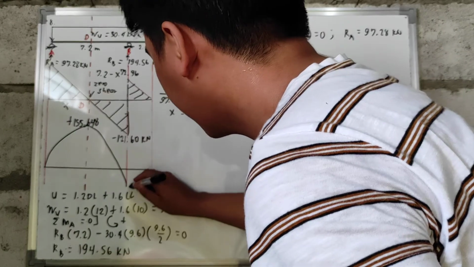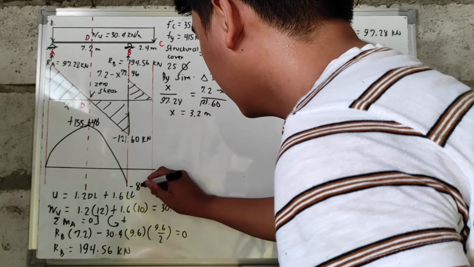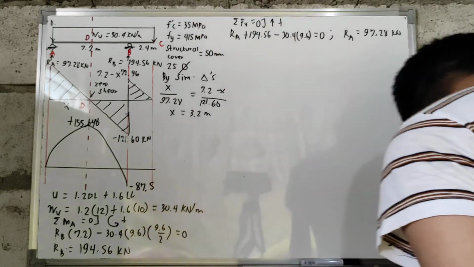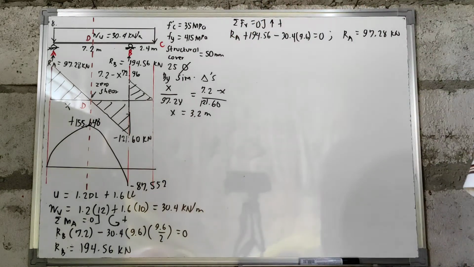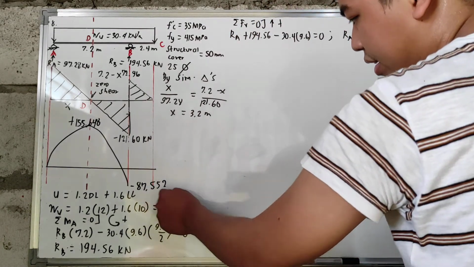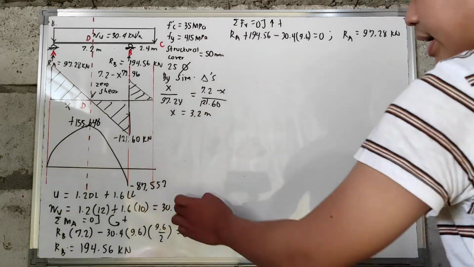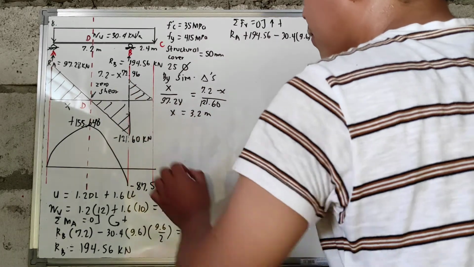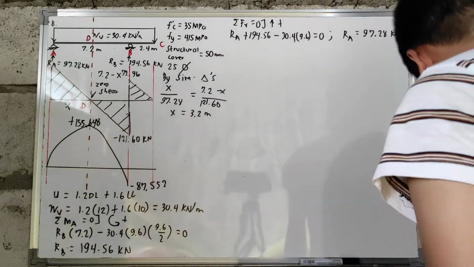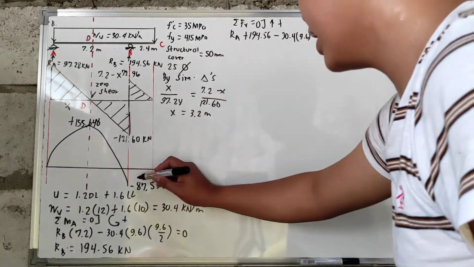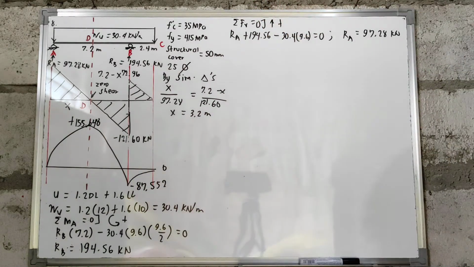So, this will become negative 87.552 kilonewton meter. And lastly, meron tayong negative 87.552. Tapos meron tayong positive area plus 1/2 of 72.96 multiplied by 2.4. So yung value natin dyan is equal to 0.